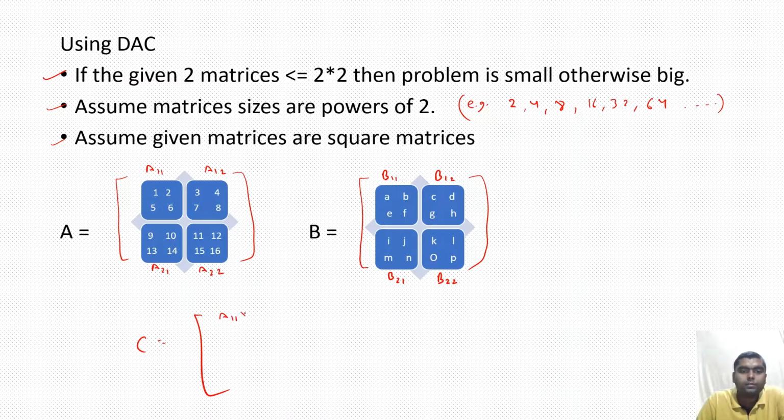First, what will come? A11 multiplied by B11 plus A12 multiplied by B21.